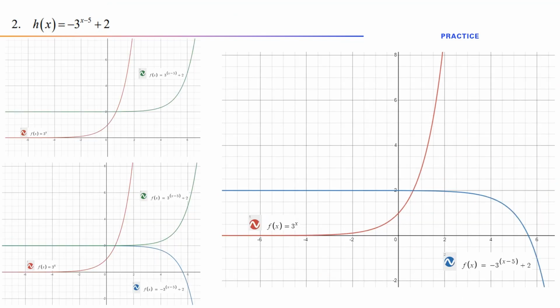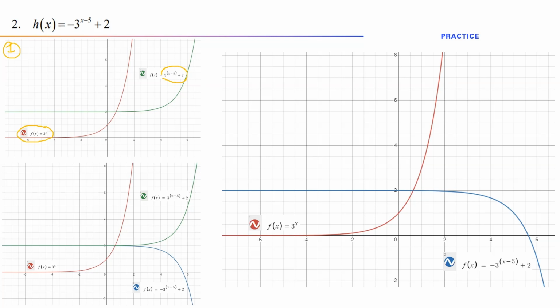Here is a demonstration of what we're doing. For the first graph right here, we graph from the parent function f of x equals 3 to the power of x. And then from that, we know how to graph 3 to the power of x minus 5, plus 2.